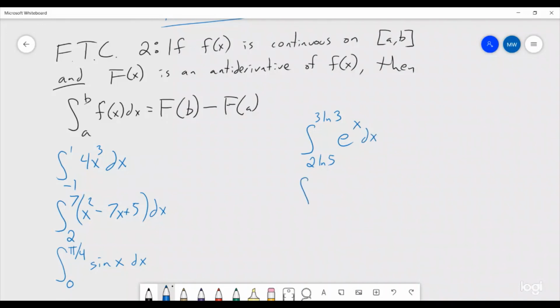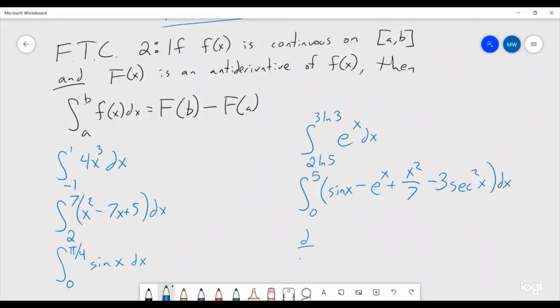We have the integral from 0 to 5 of sine x minus e to the x plus x squared over 7 minus 3 secant squared x dx.